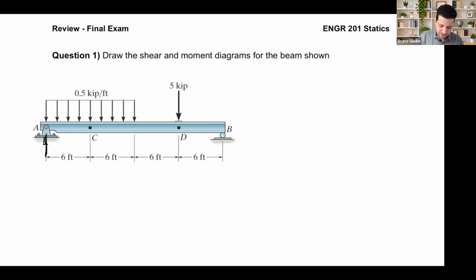But before that, how we start any problem is the reactions: reactions AY, AX in this case, BY. We are done with this class, so I want you to leave Engineering 201 knowing how to find the reactions, and what kind of reactions a support brings to the problem.